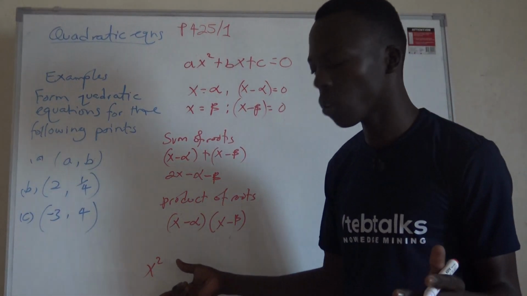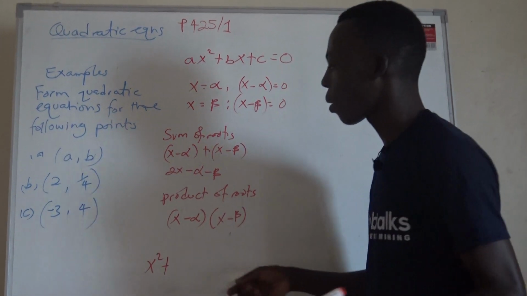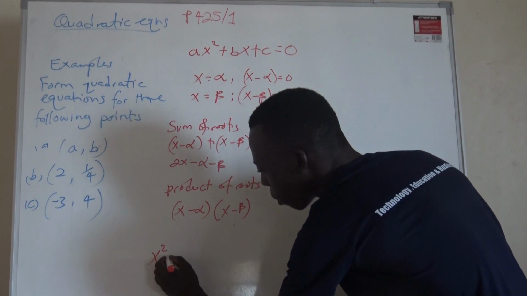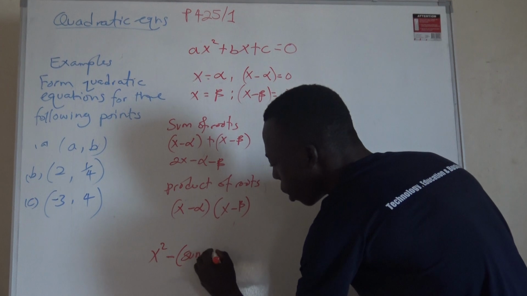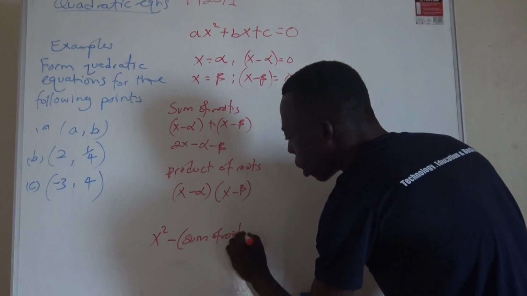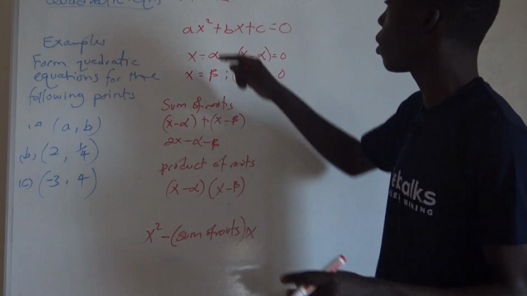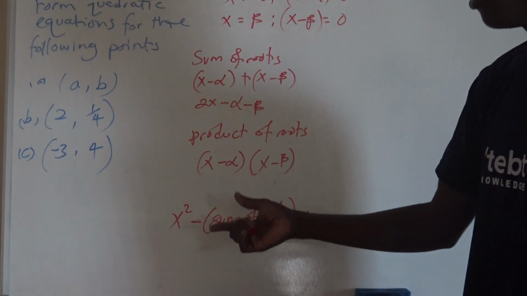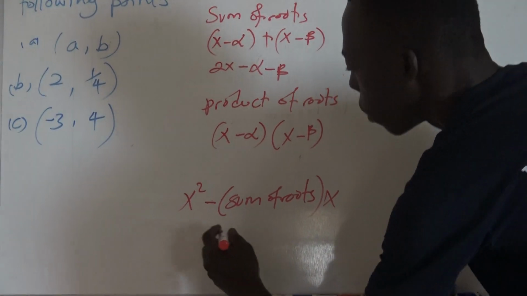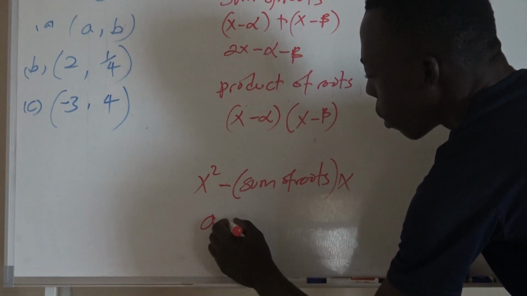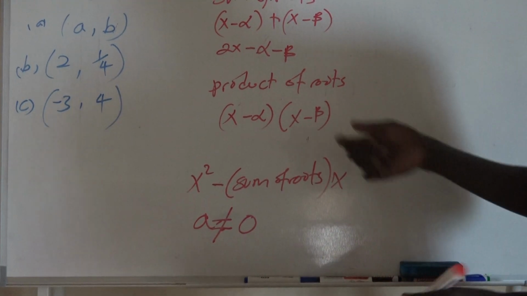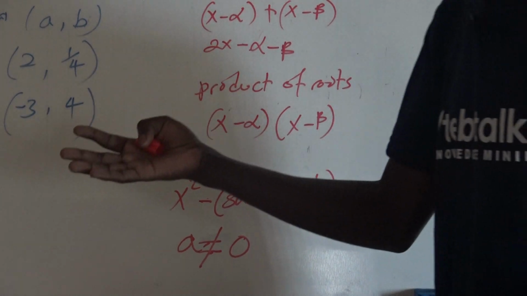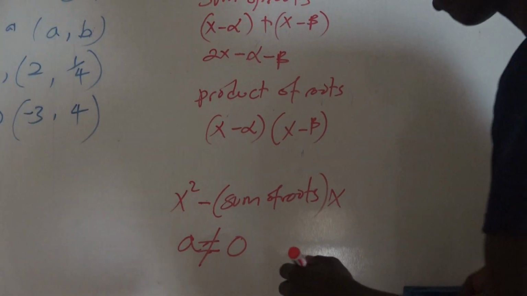You get the value of x squared, then we subtract the sum of roots, which is times x, because we said it is ax, of which our a must be not equal to 0. We are saying a value must not be equal to 0. That means it must start from 1 and go on to infinity. So it must not be 0 to have a quadratic equation.